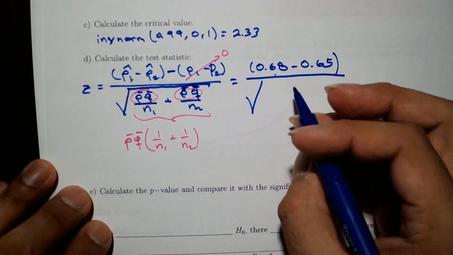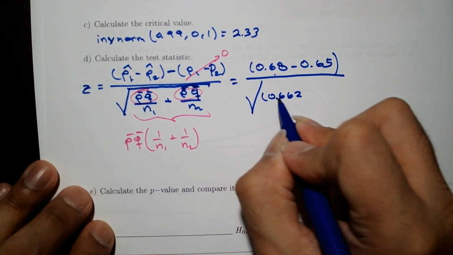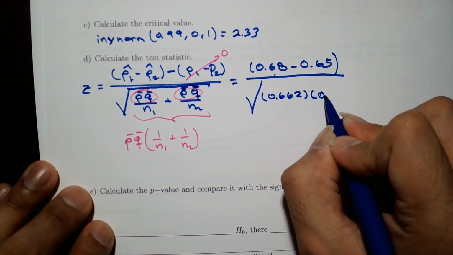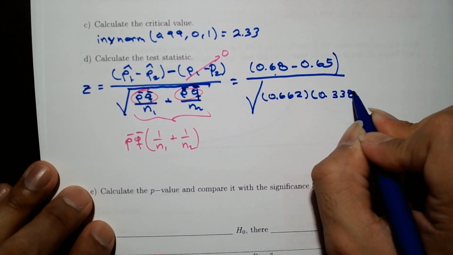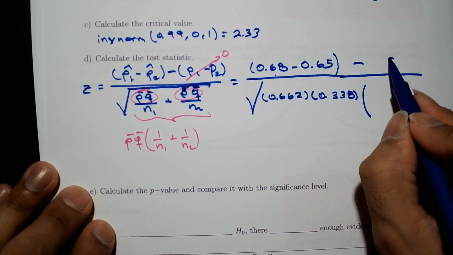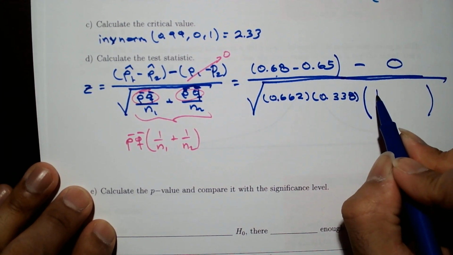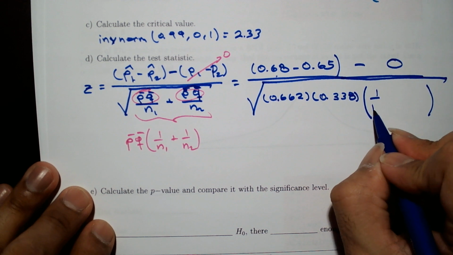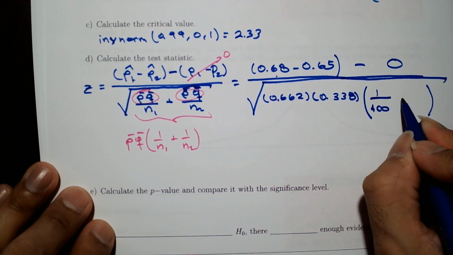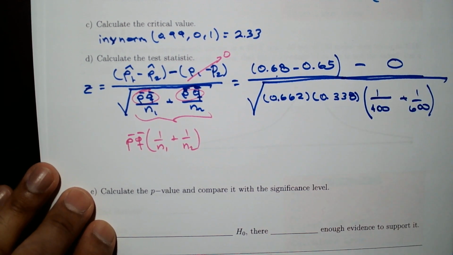So that's going to be 0.662 times 0.338 times 1/400 plus 1/600.